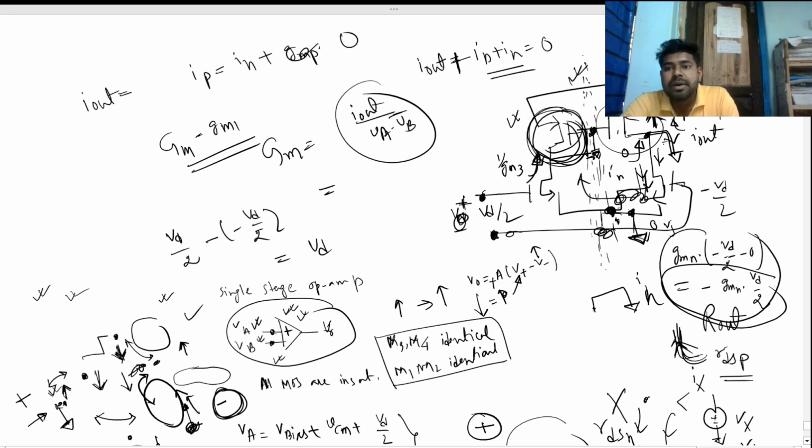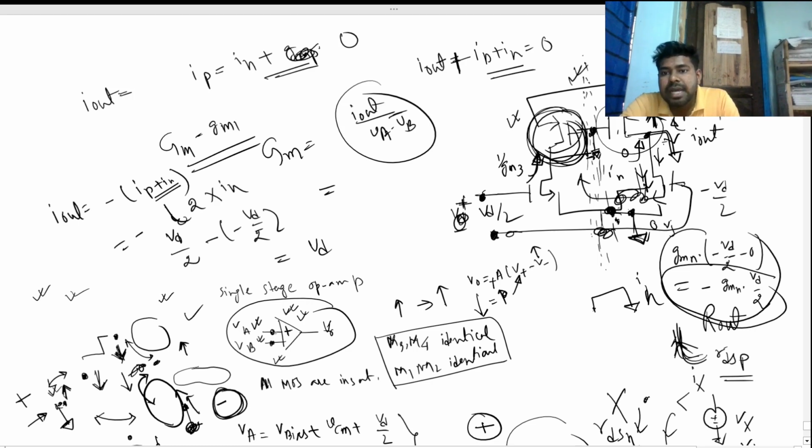So what would be our I out? I out will be the minus of IP plus IN, right? Basically these two are equal, so this will be nothing but minus 2 times IN.